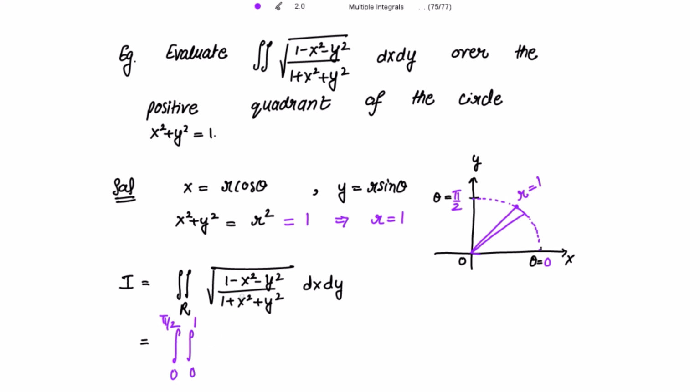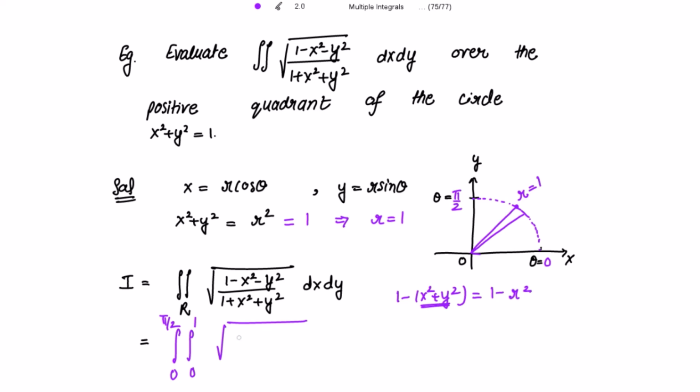Just putting the limits now, r is from 0 to 1, theta is from 0 to pi by 2, and writing this integral in terms of r and theta. Can I write this as 1 minus x square plus y square, which is 1 minus r square?